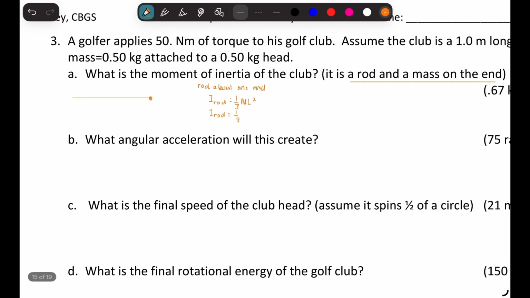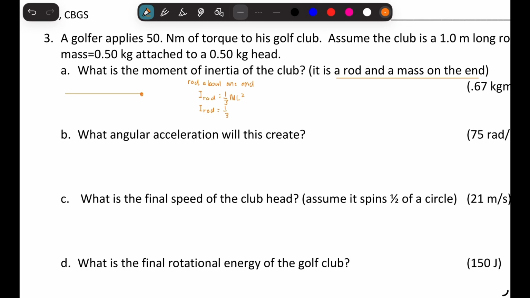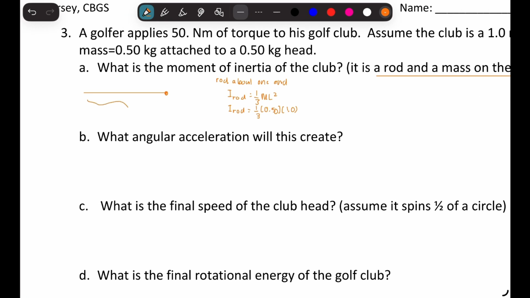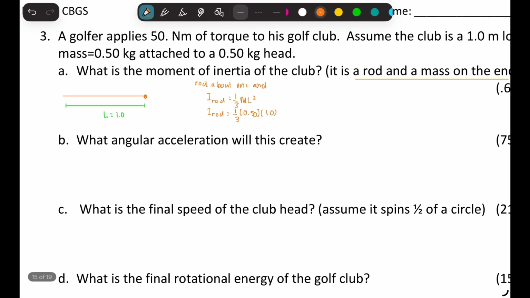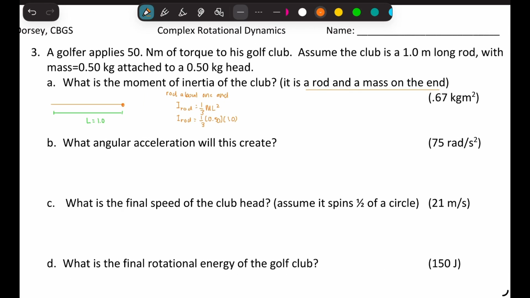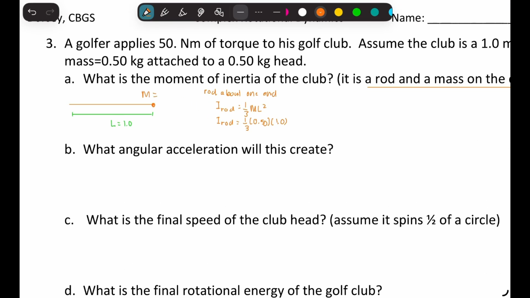Our mass, m, is going to be 0.50, and our L is 1.0, and our club is 0.50 kilograms. Now this simplifies down to 0.167.